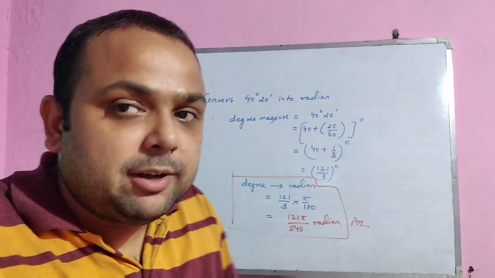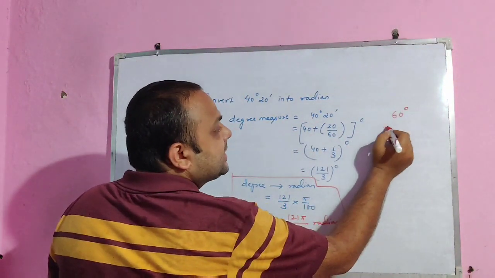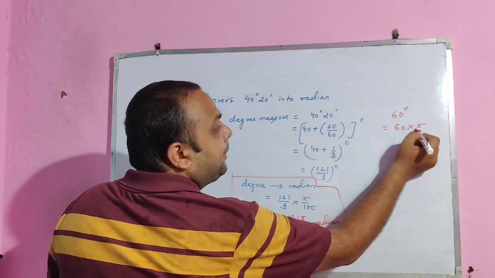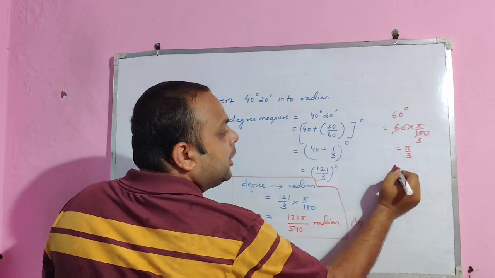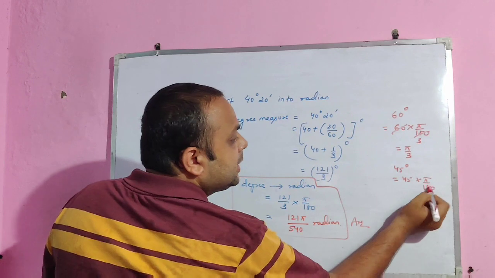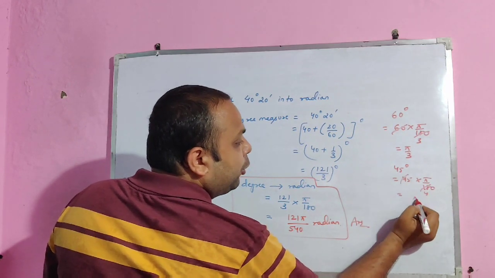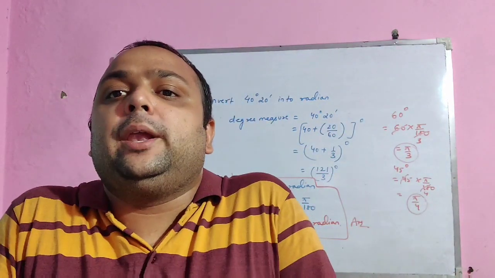For example, see one more. If there is 60 degree given, we can write like this: 60 multiplied by pi by 180. So this is pi by 3. 45 degree is equal to 45 into pi by 180. So this is pi by 4. So now you are not going to learn about degree, you are going to learn about radian only.